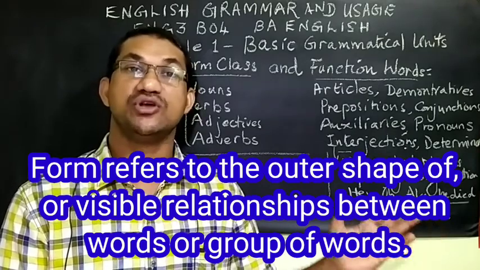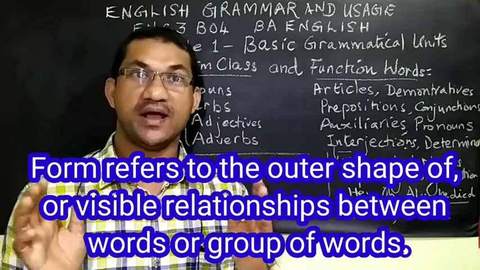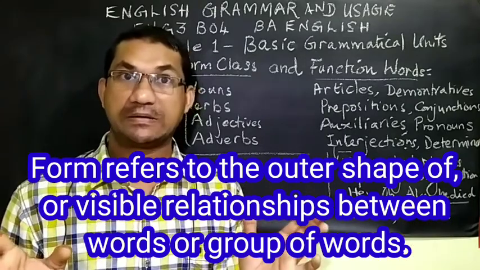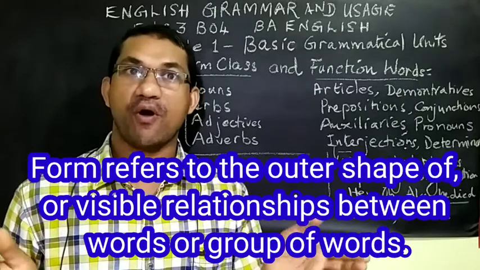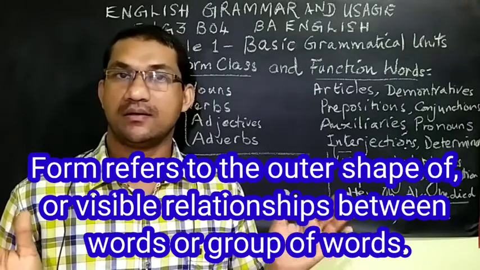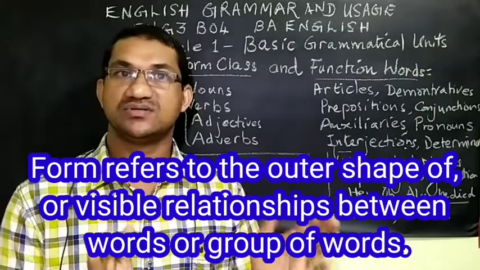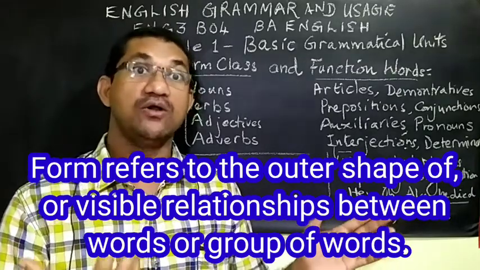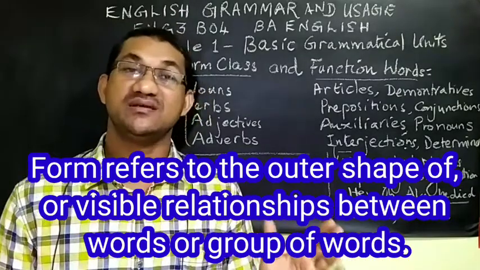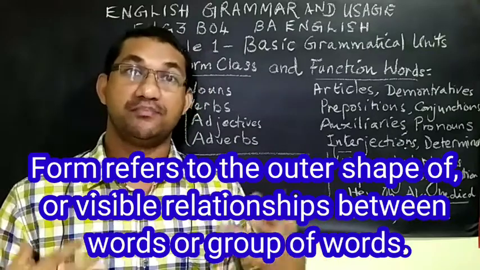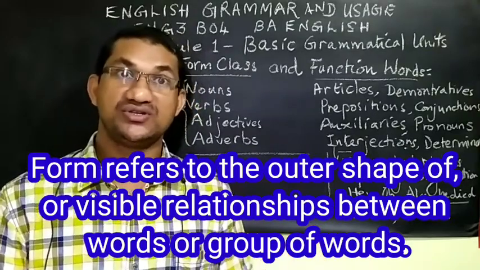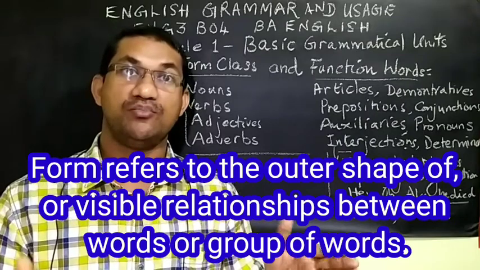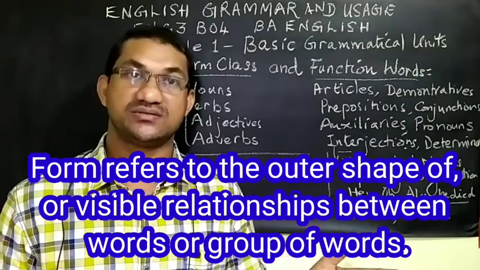And a song is the object. And we get what is called meaning from the very specific form. John sings a song. So we are familiar with what we call form. Form is nothing but the very appearance or the outer shape of a group of words in a sentence.